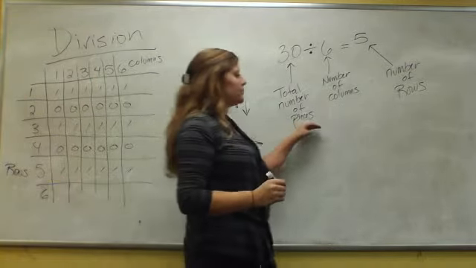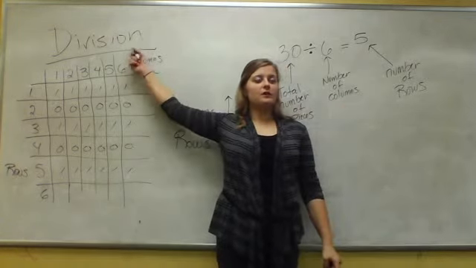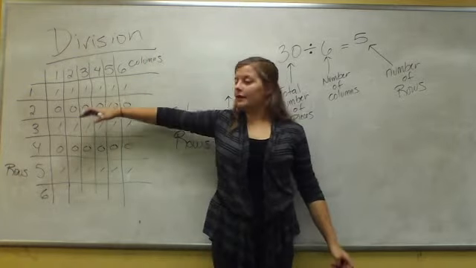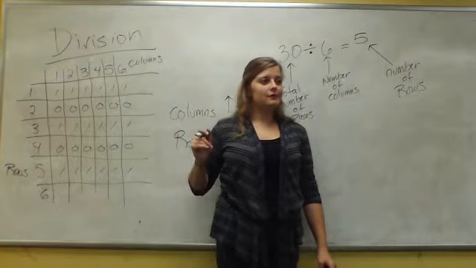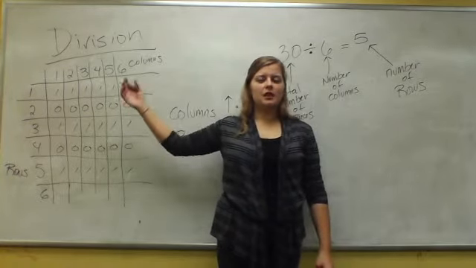So my total number of pieces, my number of columns, that's what I start out with to fill it in, and then my number of rows is how many lines I can fill in. Good? Does this make division a little easier to see?